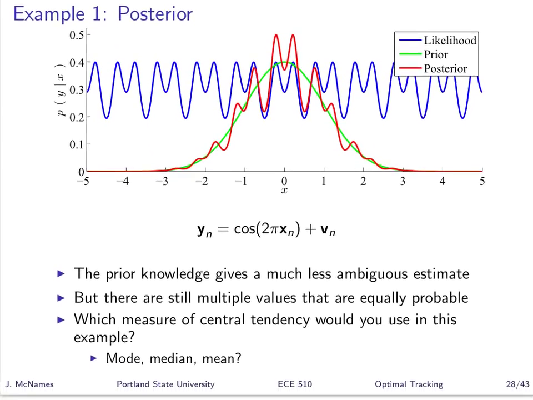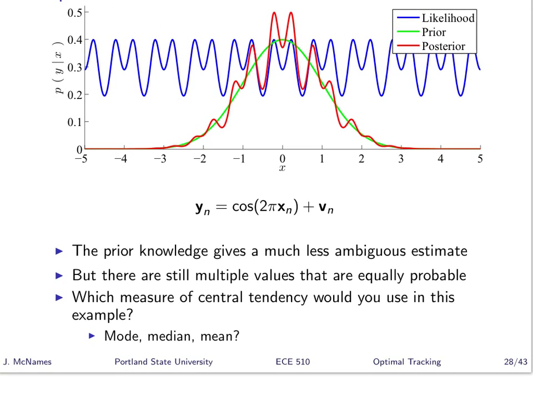In preparation for the final quiz, or even on your project presentations, where I may ask the question, which measure of central tendency would you use? If you now, based on this posterior, have to give me an estimate of what you think x is. If you didn't know, but you had to tell me what x is, what would you guess?